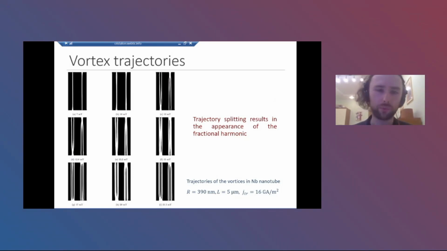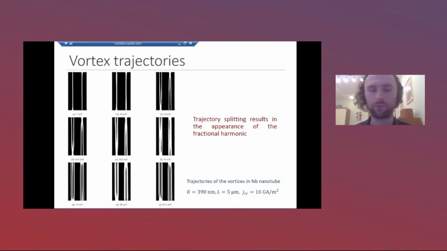So, for example, one vortex generates a smaller voltage, and another vortex generates a larger voltage. In the case of one path, we had a usual sinusoid.